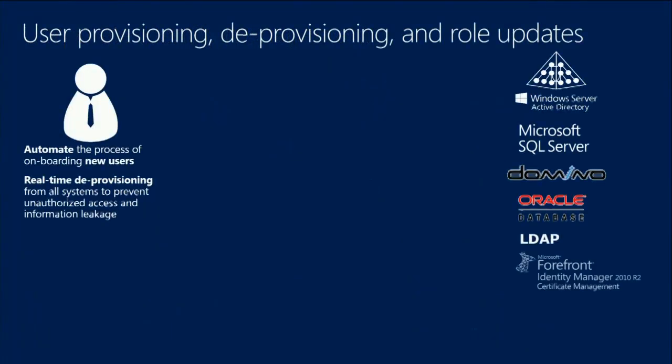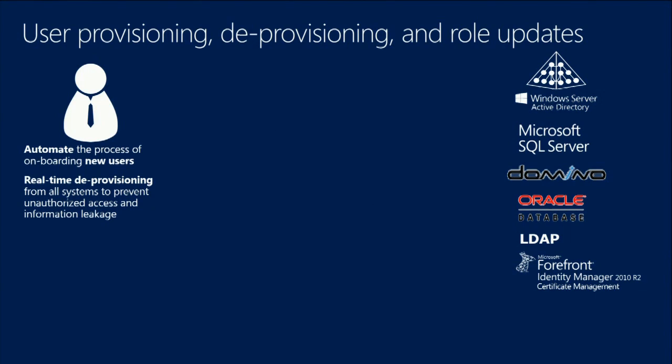Forefront Identity Manager also gives us the capability to automate a number of processes. As you are bringing in a new user to your organization, that user that you are setting up in Active Directory may need to exist in other systems as well. Say that needs to exist in an SAP HR system, or it needs to exist in some other database for some other corporate in-house application. We can automate the provisioning, deprovisioning, and role updates.